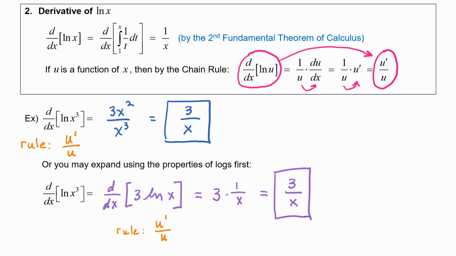So that tells us if we choose to, we may expand using the properties of logs first and then find the derivative, or we can find the derivative directly from the initial function. Sometimes it's easier to find the derivative when we first expand using the properties of logs.